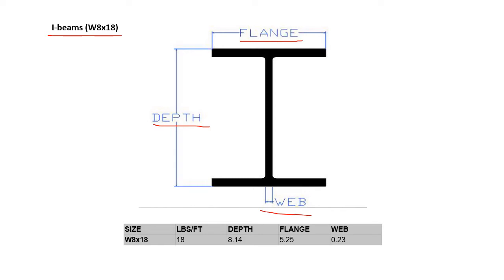Based upon the W8 by 18, we have a depth of 8.14, our flange is 5.25, and our web is 0.23, and it is 18 pounds per foot. So we can use this information, if necessary, to plug back into any of our equations as we're solving the problem.